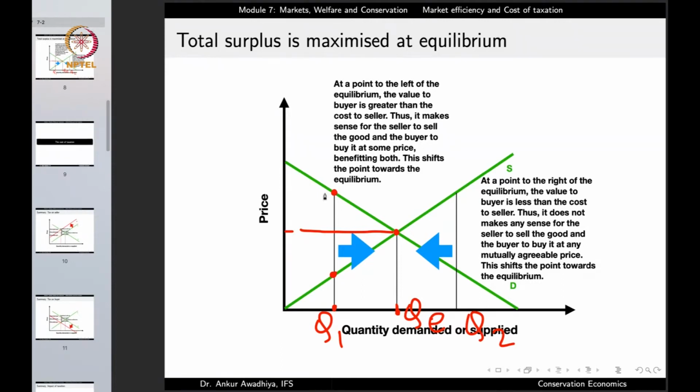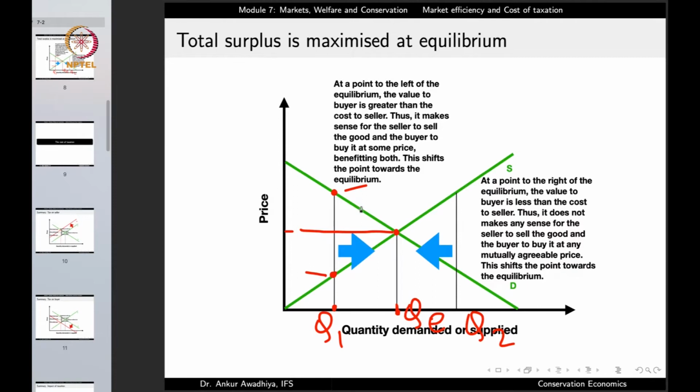So, at any point to the left of the equilibrium, such as this point Q1, the value to the buyer, which is this, is greater than the cost to the seller, which is this. Thus, it makes sense for the seller to sell the good to the buyer, and it makes sense for the buyer to buy it from the seller at some price that will benefit them both.